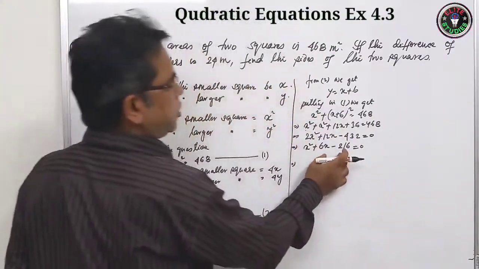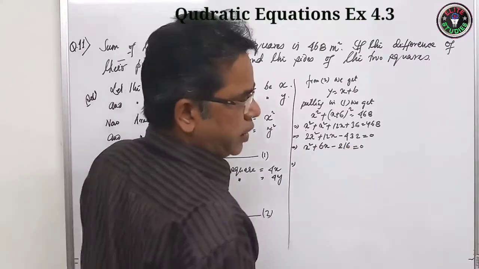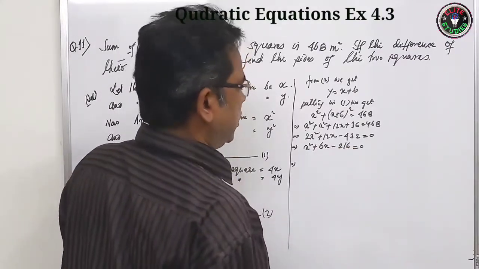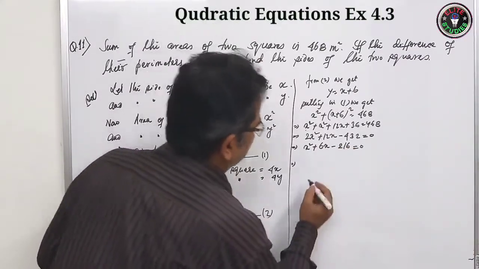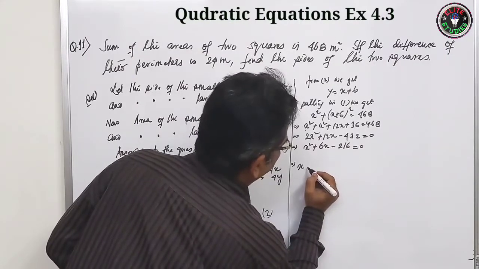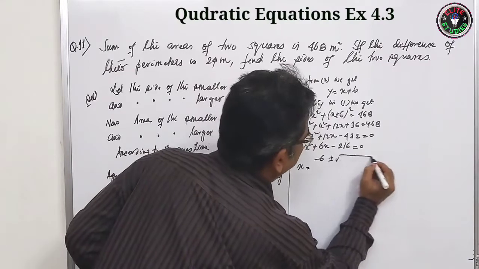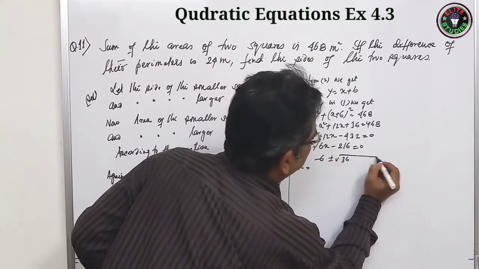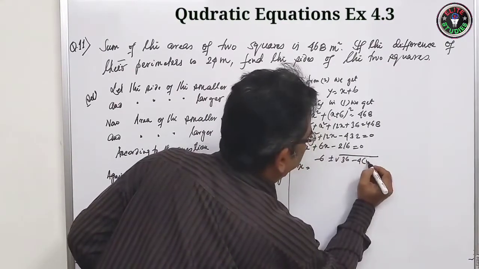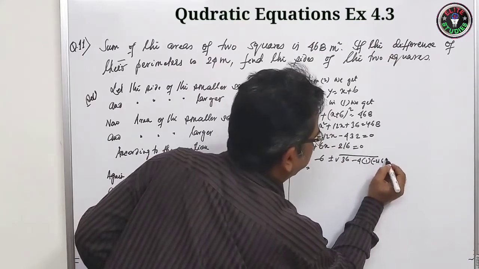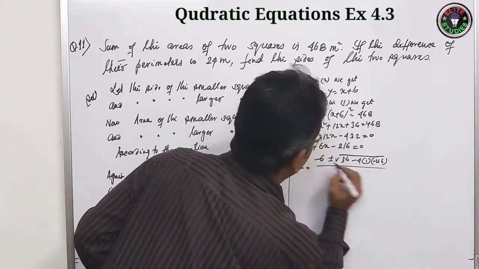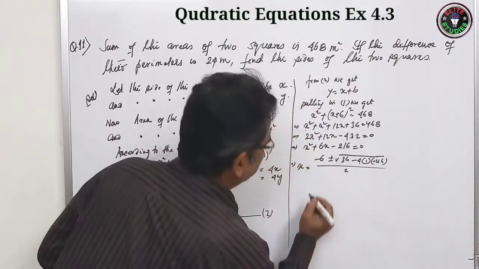First of all, you try to find it by the factorization method. If it is easy, it is okay. Otherwise, it is better to use the quadratic formula. So x is equal to minus b plus minus root over b square minus 4ac, divided by 2a.